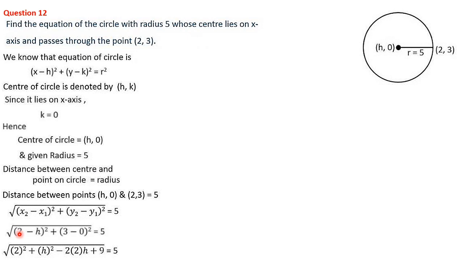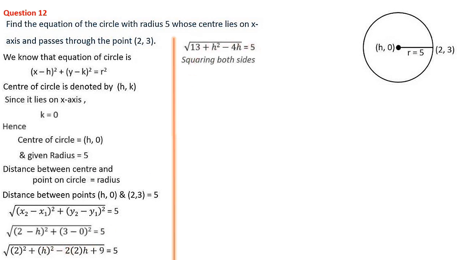That is 2 minus h the whole square, that means a minus b the whole square expansion. a square that is 2 square, plus b square that is h square, minus 2ab, 2 into 2 into h. 3 minus 0 that is 3 square that is 9, equal to 5. Then 2 square is 4, plus 9, 4 plus 9 is 13, plus h square minus 4h equal to 5.